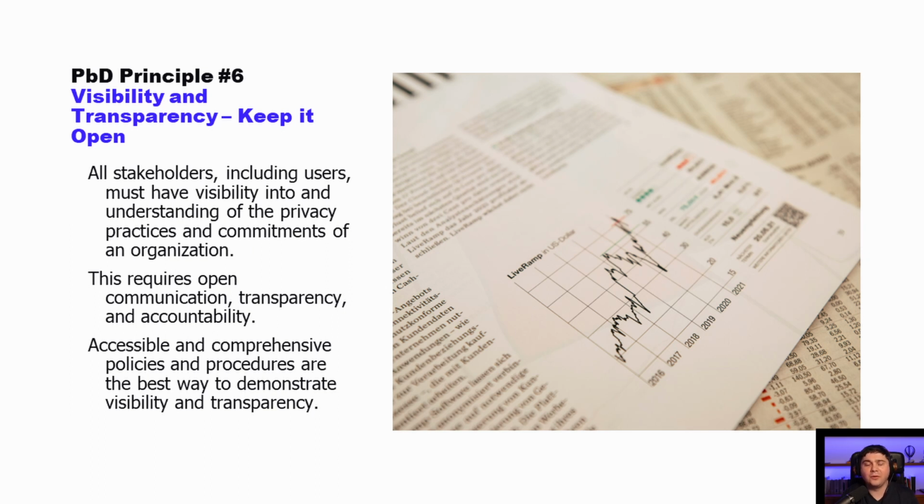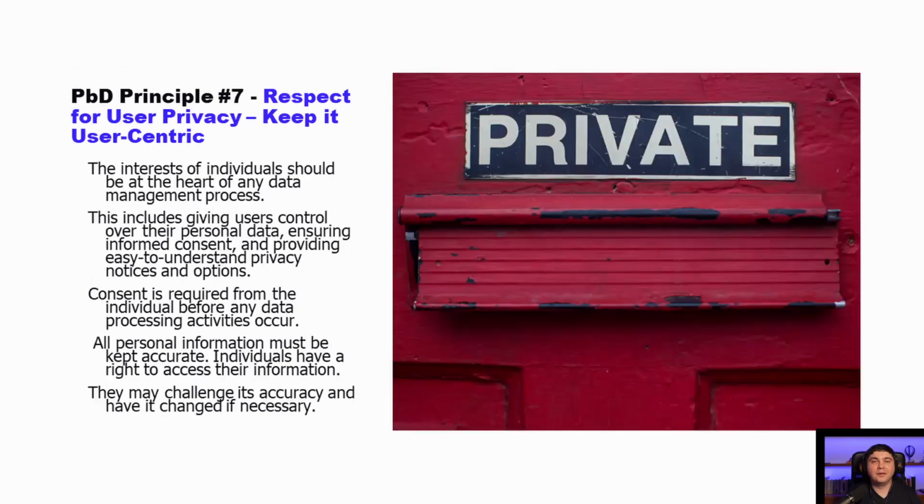But that's not all. Data controllers should also undergo independent third-party audits. This means that what they say would be verified against the facts. That's the most important part of being transparent and keeping it open for the end user.